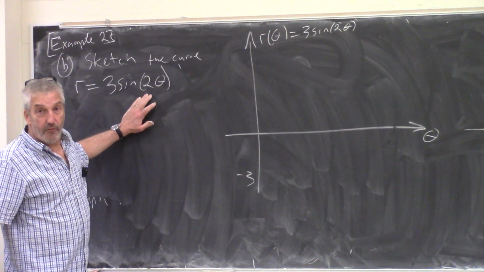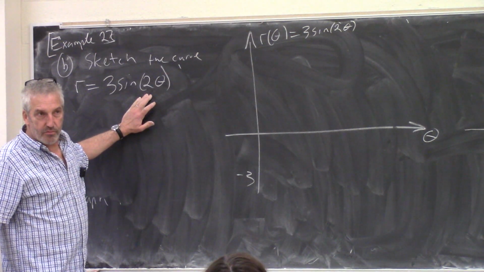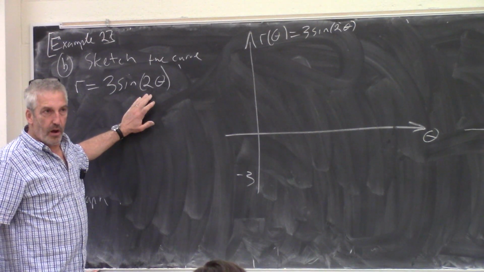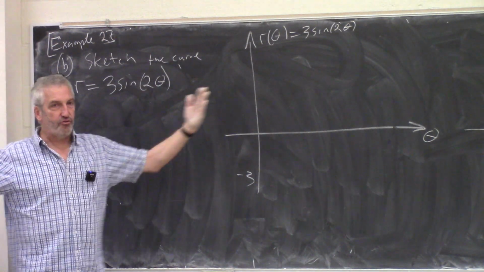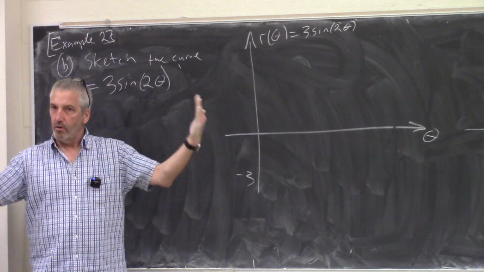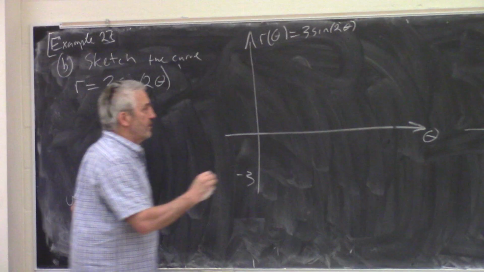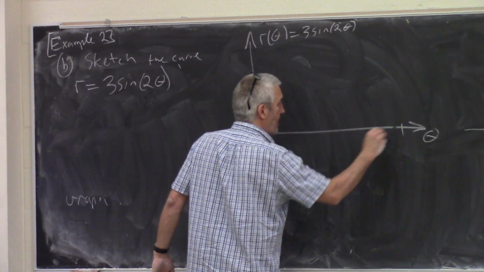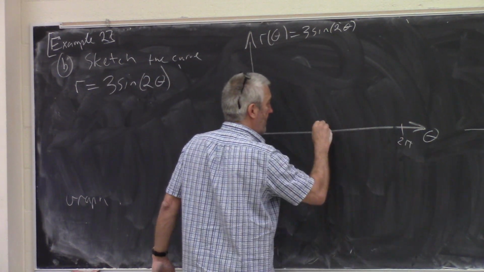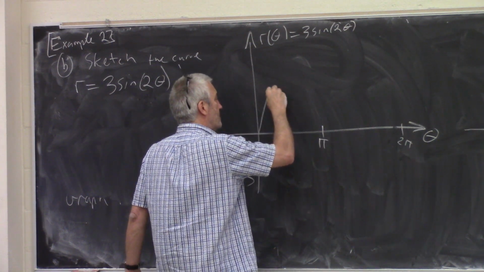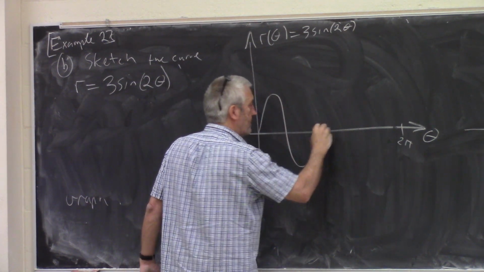How far is theta going to have to go for this thing to go through one whole cycle? Only from 0 to pi. So in other words, this is going to shrink the graph horizontally by a factor of 2. So instead of going out to 2 pi over there, I'm going to go here just to pi. And I'm going to have, there's my curve.